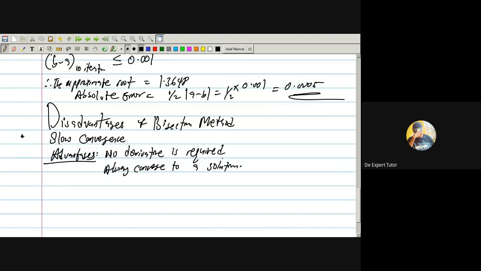Okay, so that's the bisection method. We have many iterations to look at. So after the bisection method, another important thing that we look at is the fixed point iterative method.